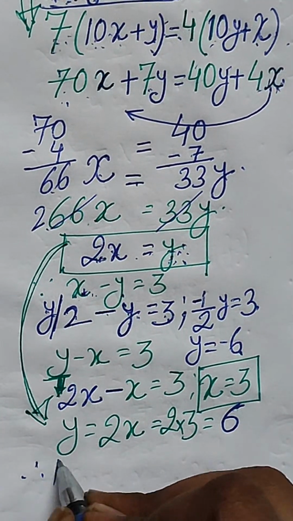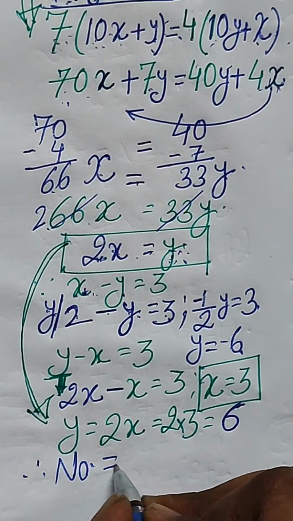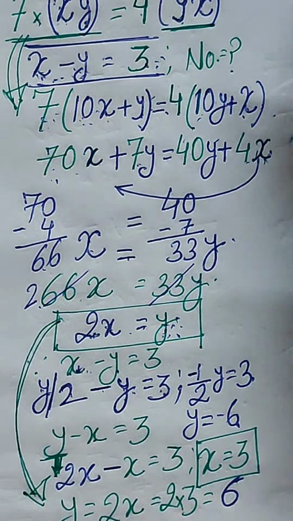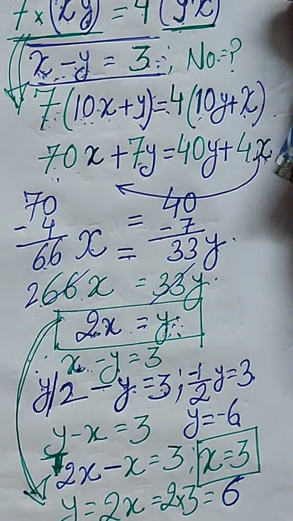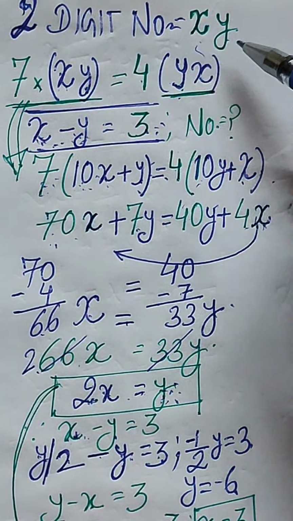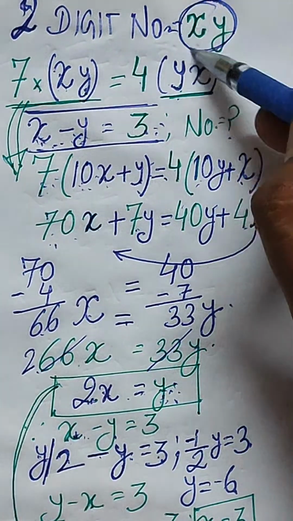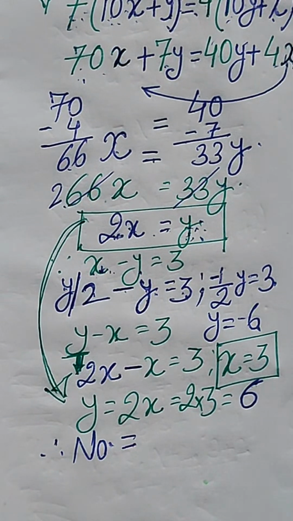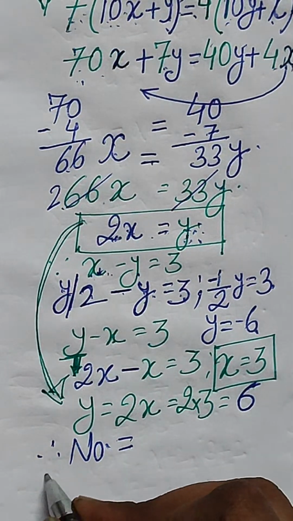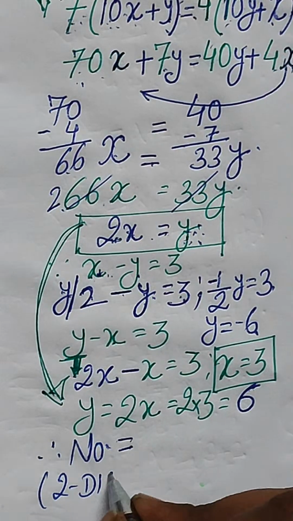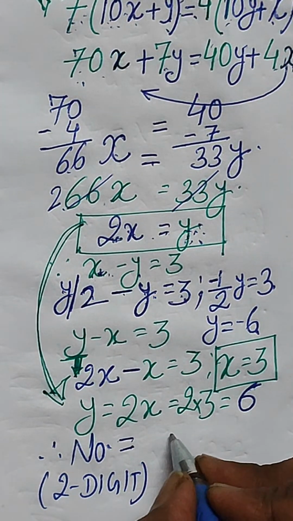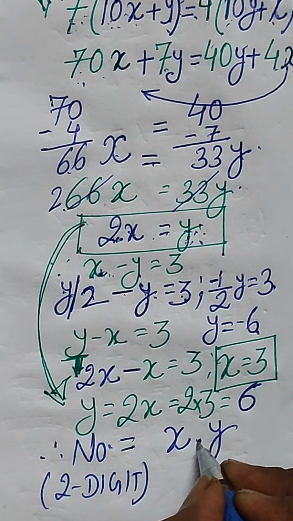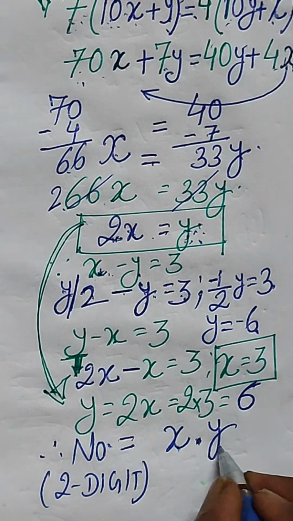So the number is xy. You can see the number is xy, right? So the two-digit number is nothing but x, y, not multiplied; x is on the tens place and y is on the unit place.